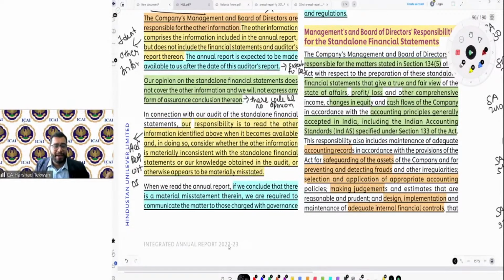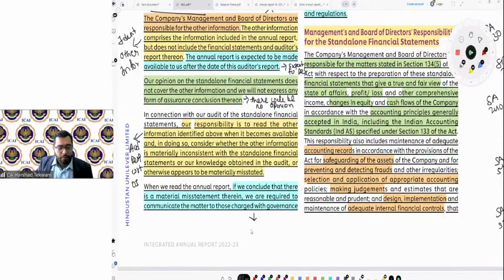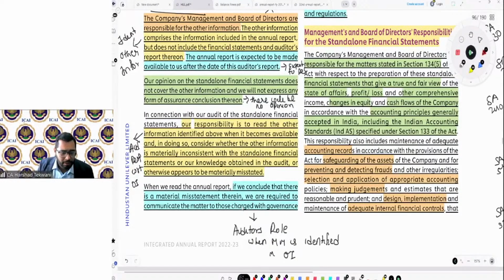What if you identify that the other information is materially misstated, or there's a material inconsistency in the other information? So, the auditor's role when a material misstatement is identified in other information, the blue one.